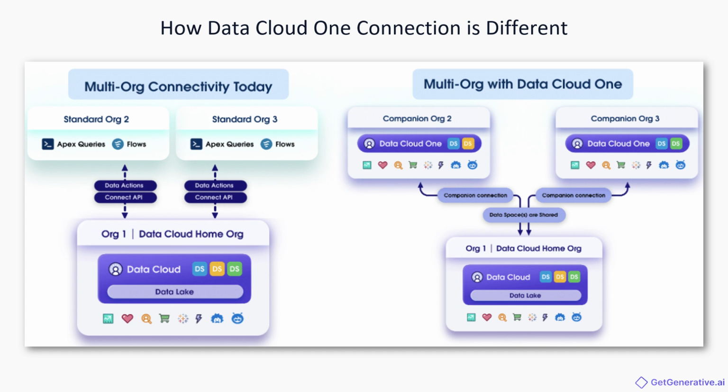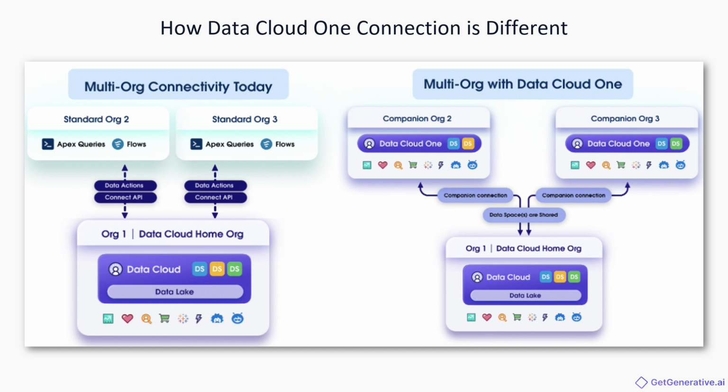Versus if you look at the Data Cloud One companion connection, you have the same instance, org one, where your Data Cloud is procured. You have data spaces and a data lake, but now the companion connection copies this data and metadata into each of the orgs. So your org1 and org2 also have a copy of Data Cloud. That's called Data Cloud One.